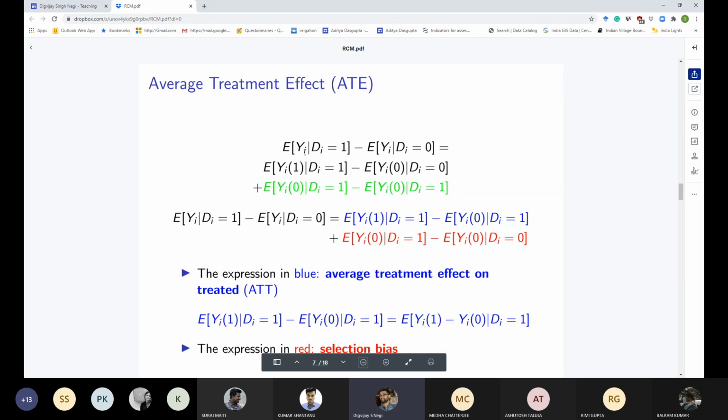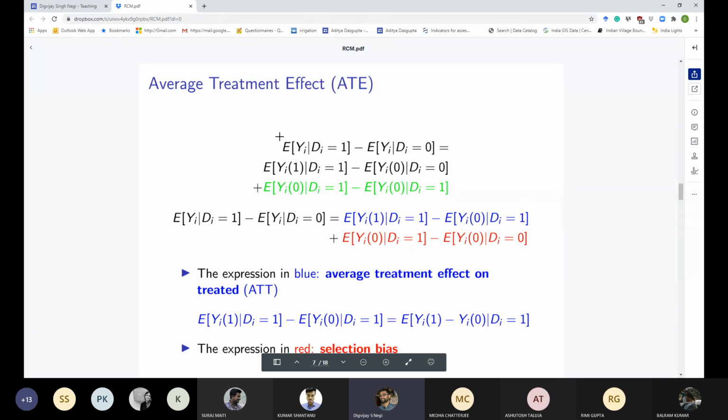So this expression is basically the average outcome for the treated group. And what is this expression? This expression is the average observed outcome for the control group. So average observed outcome for the treated group, average observed outcome for the control group, right? So this is the difference, and this difference we can express as this.